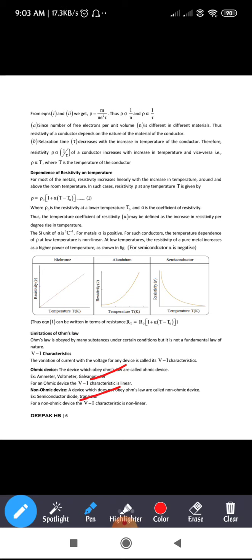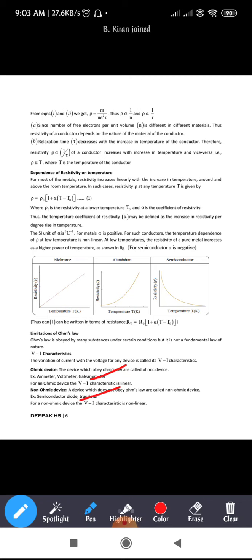Similarly, we just went through the dependence of resistivity on temperature, right? As we know, for most metals above room temperature, the resistivity increases linearly with the temperature.